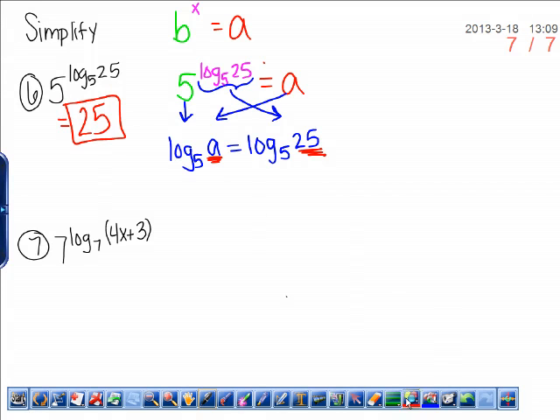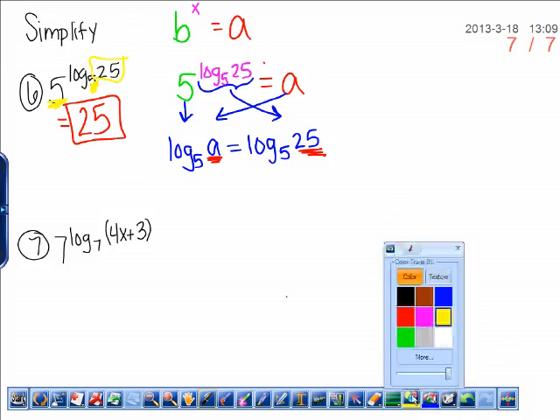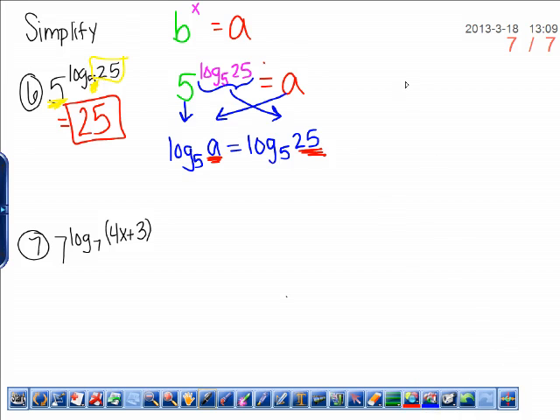Okay? So the idea is, do you see that we've got the same base of my exponent, and then the same base of my log? And then it's simplified to the argument. Do you see that? So that's our rule. This is another one to memorize.